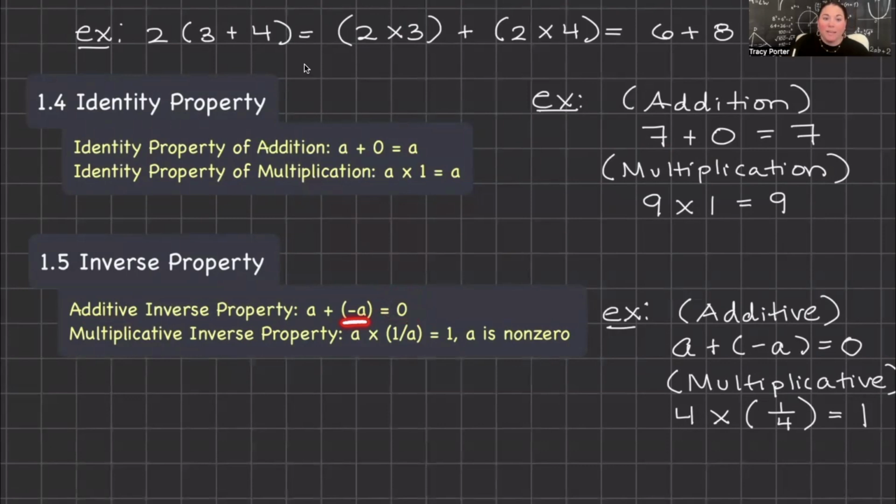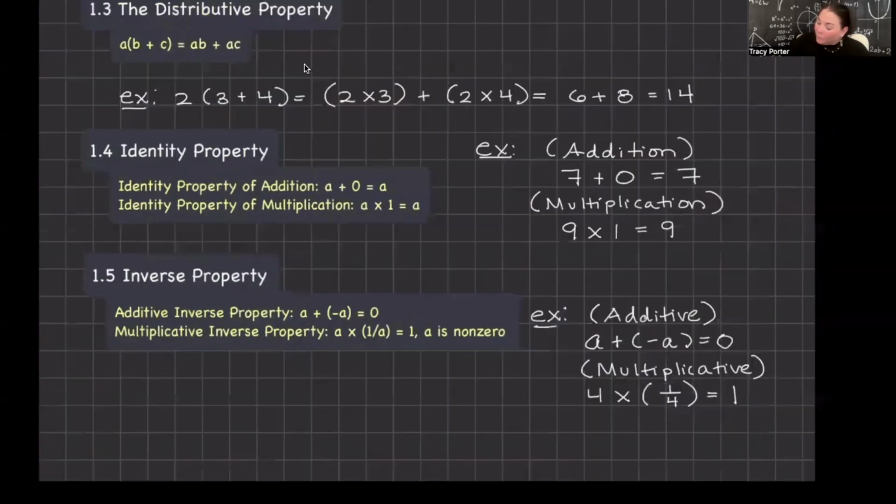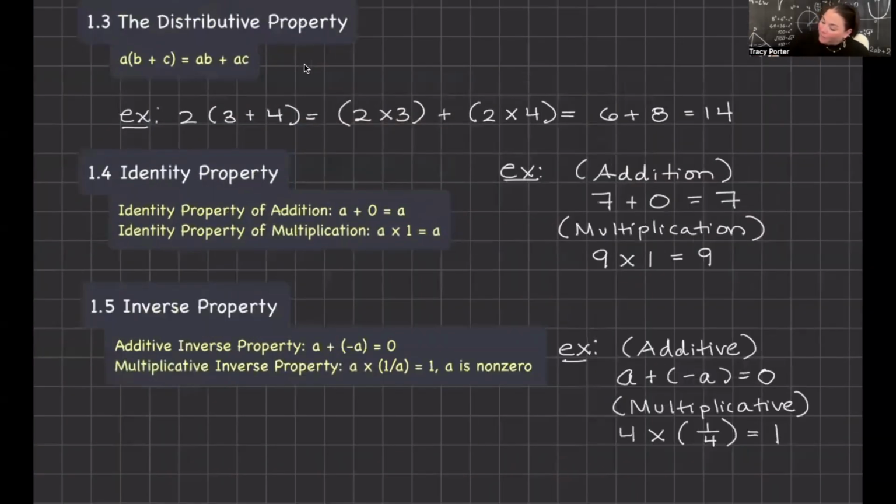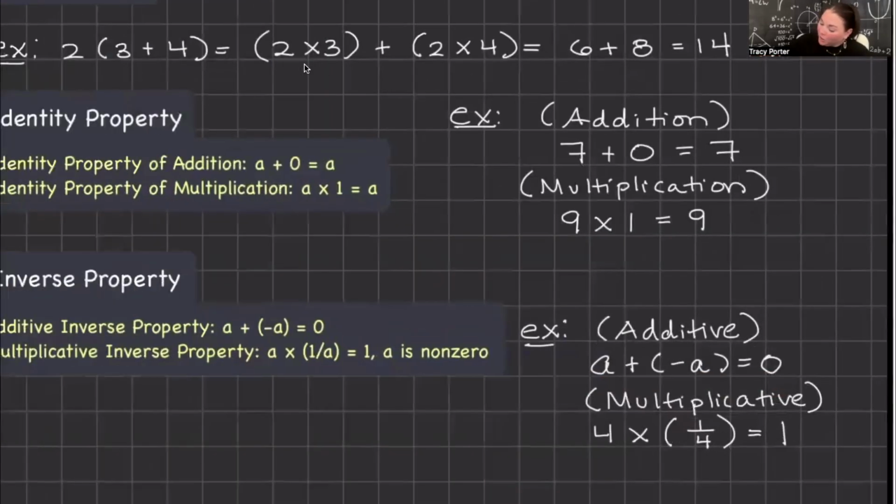So the additive inverse is the opposite of the number. For example, over here, A plus minus A gives you 0, or you could put any number you wish in here.